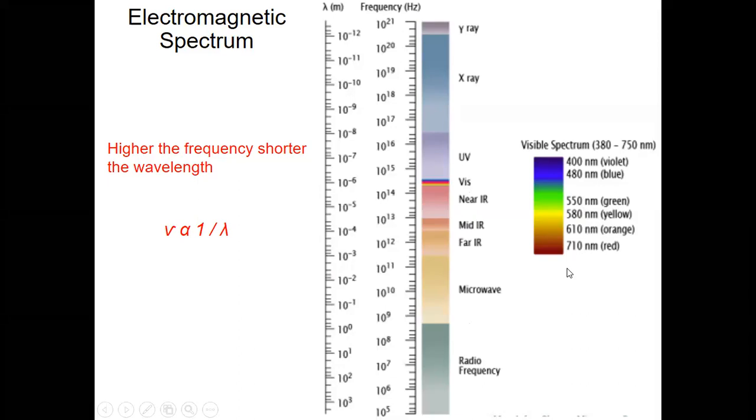I would recommend you remember these numbers, especially the visible spectrum wavelength region. You should remember, not the exact value, 400 violet, 700 red, and the in-between numbers also.